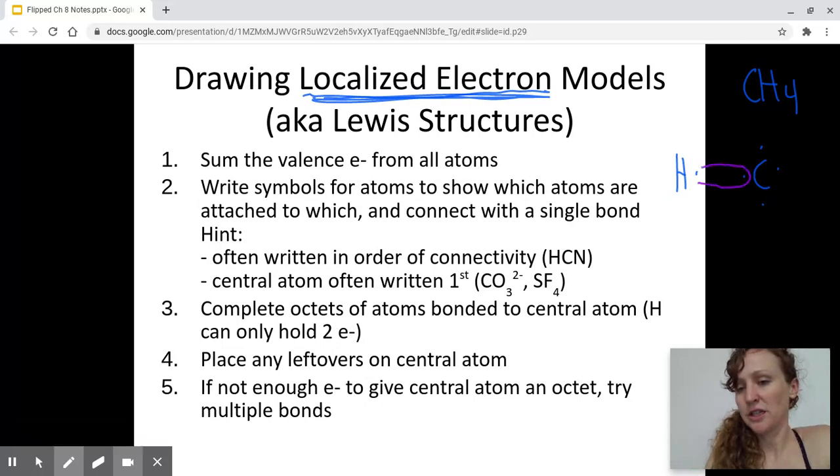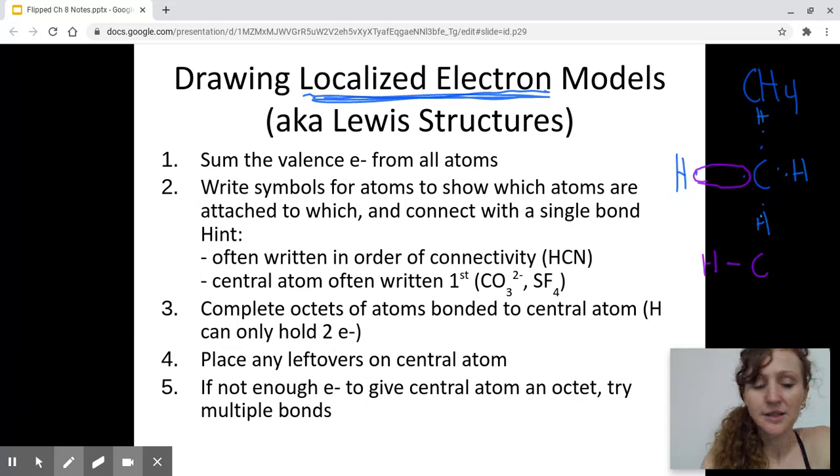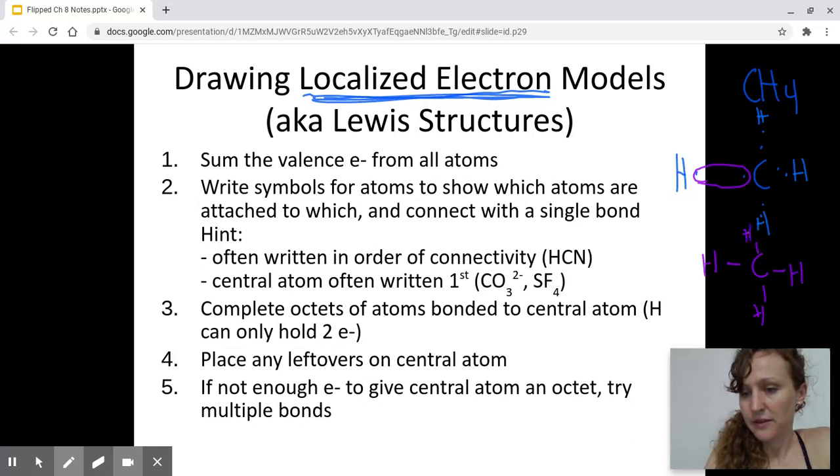One hydrogen is going to share with 1 carbon. And so that's going to turn it into a carbon-hydrogen bond. And that actually happens all the way around the atom, right? And so it's easy to see the structure that comes out of that. This would be the Lewis structure for methane.